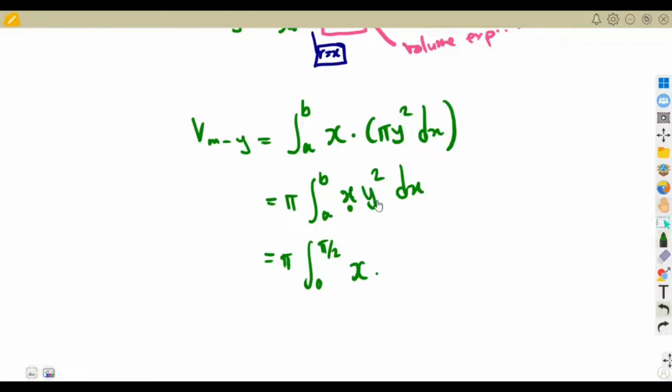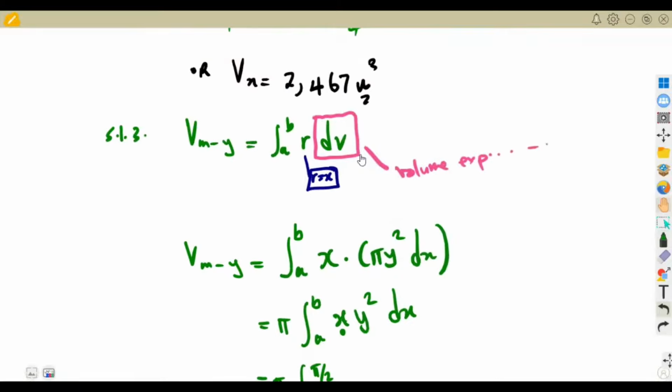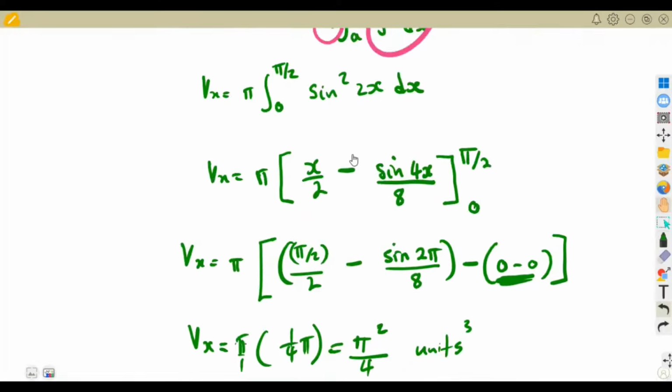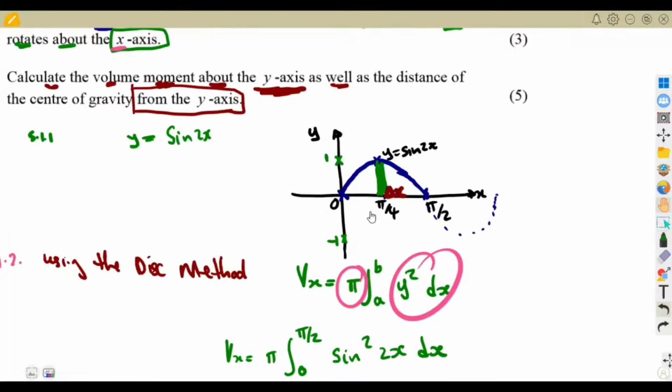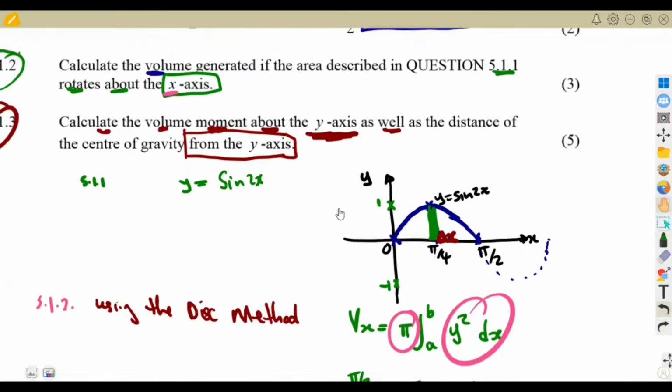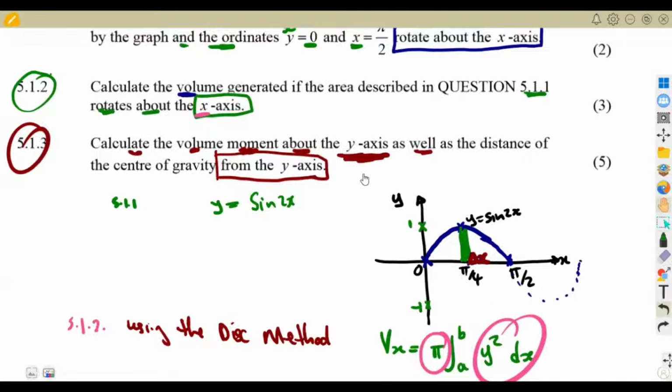Like I said, guys, it's a continuation of the volume that you had before this one. It's not like we are having a new question. Whatever you're going to have as the center of gravity is going to be the volume moment over the volume that you calculated before. So it's a continuation. You use the expression of that volume that you had before.